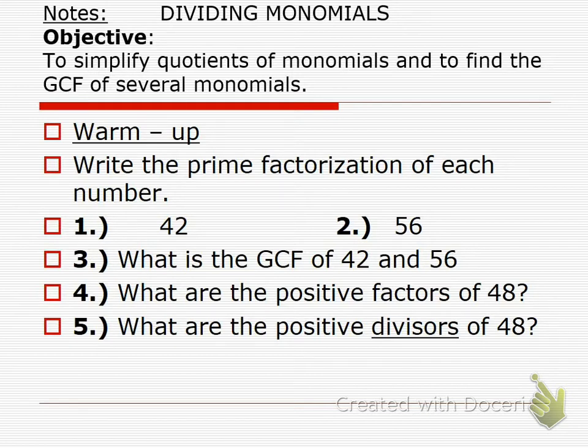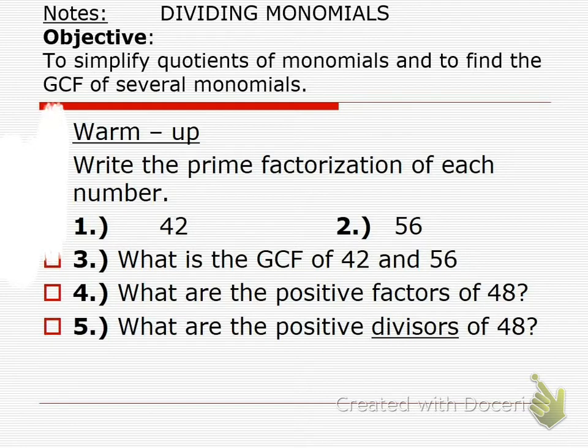To review, we need to write the prime factorization for these numbers. In order to write prime factorization, what do we need to make? A factor tree. So I'll do that off to the side. Create a little bit of blank space.